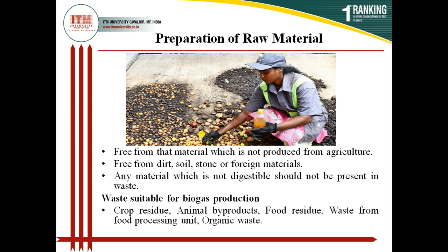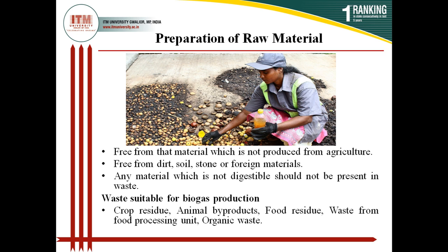Even dirt, soil particles, stone and foreign particles are not allowed to be fed into the biogas assembly for the anaerobic digestion or the biogas production. So if a lot of dirt or soil is associated with the agricultural waste, first we have to wash it and clean it, so the dirt and soil should not be there.